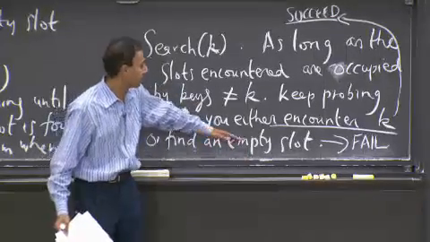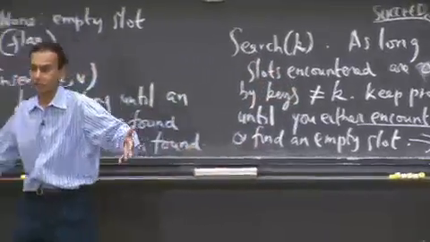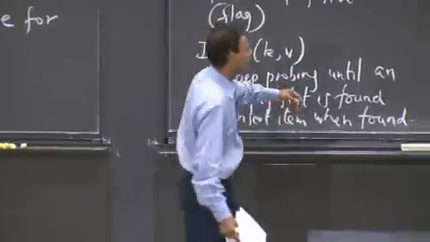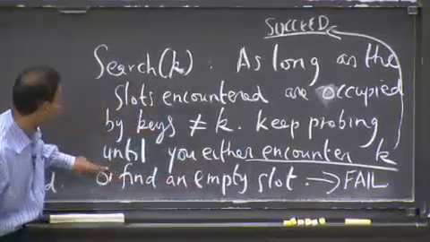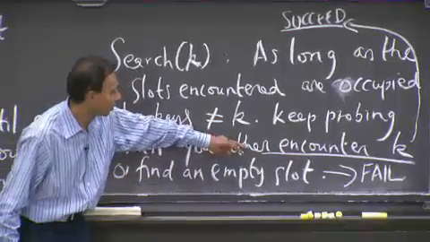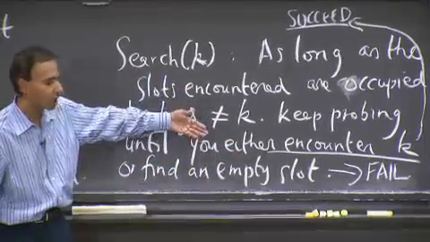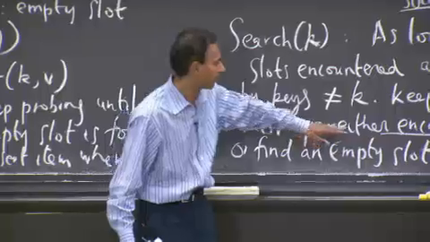Actually, in some sense, this pseudocode doesn't really change, because you'd either encounter k or, even if you encounter a delete me, you keep going. All right, that's the important thing.